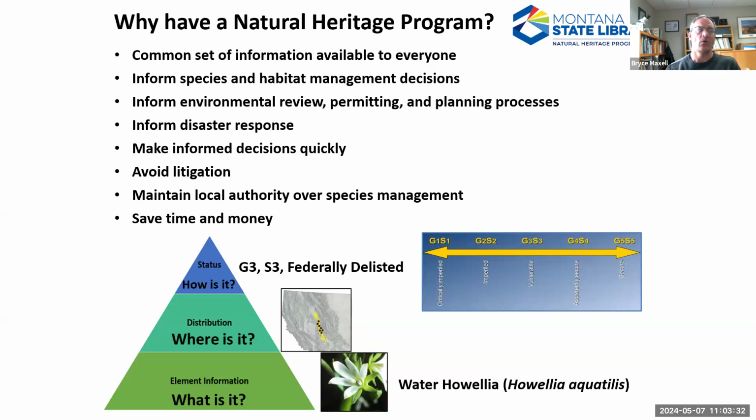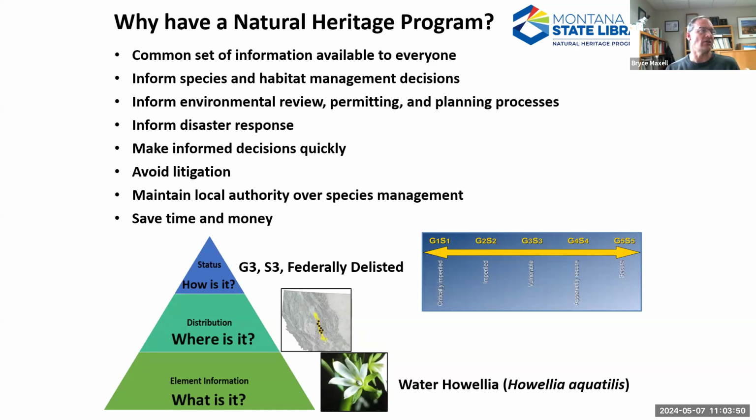And that is, what are the species? Where are they in their local jurisdictions? And then how are they doing? That is, what is their conservation status? We do that, how are they doing, both on a global scale and a subnational or state scale.